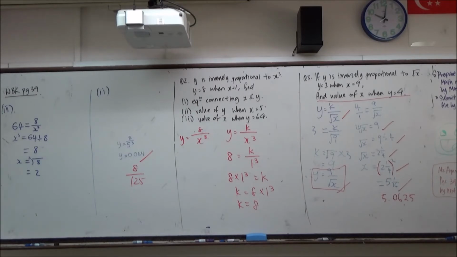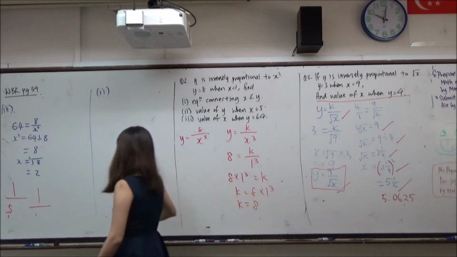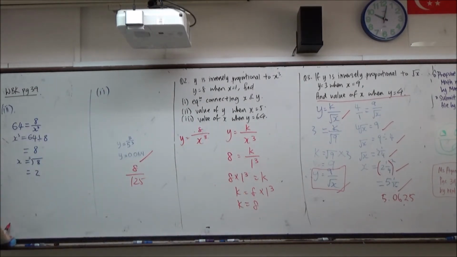Damien, what is something else that you got? 1 over 512. Oh, okay. Any other options? Is that what you get? 0.5. Okay. Any other answers?